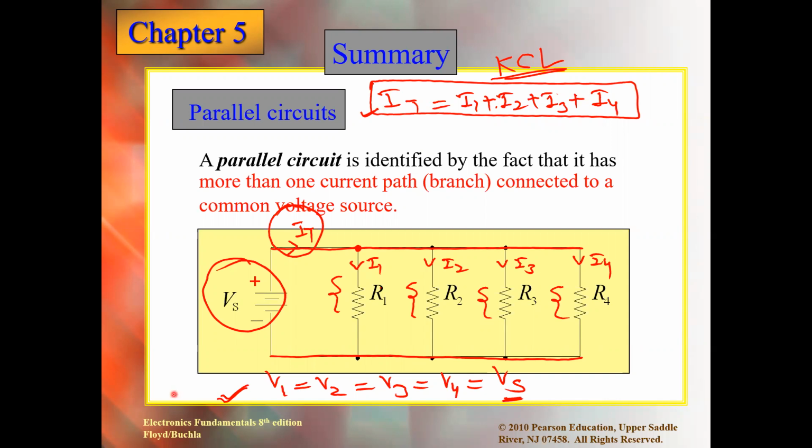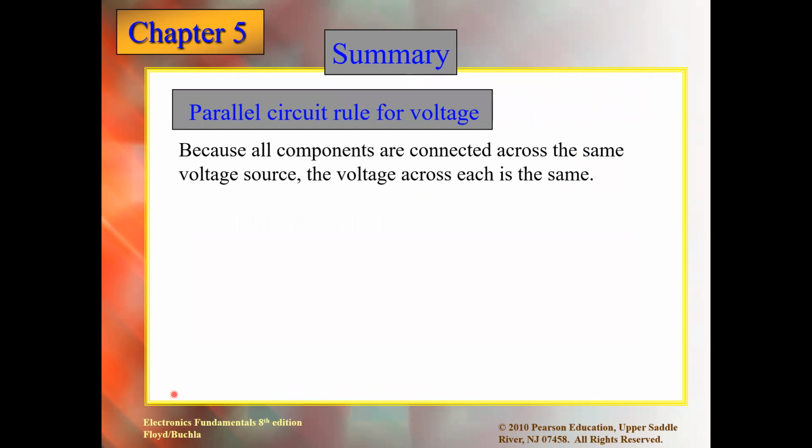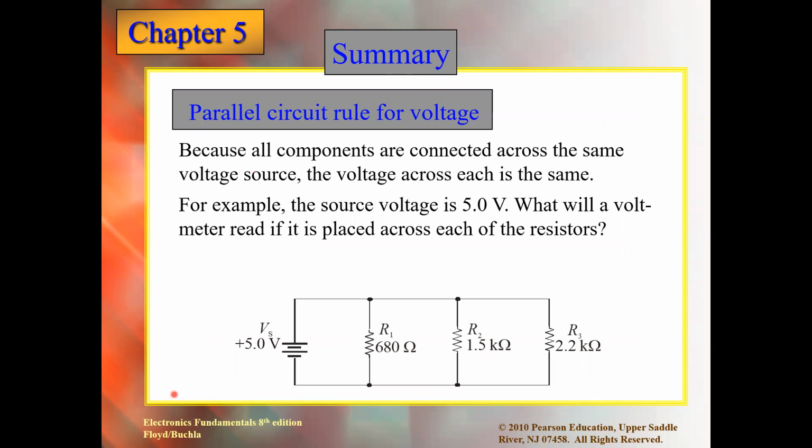Now, the parallel circuit rule for voltage: because all components are connected across the same voltage source, the voltage across each is the same. If you have this circuit and I gave you a multimeter or voltmeter to check the voltage across each branch, you can connect here and you will see it's 5 volts.